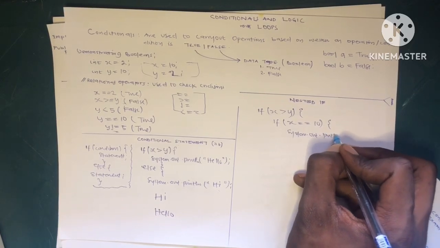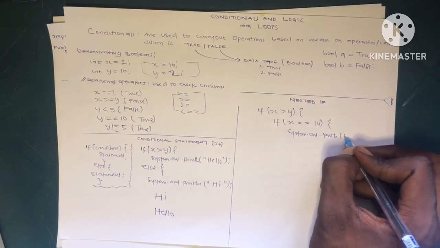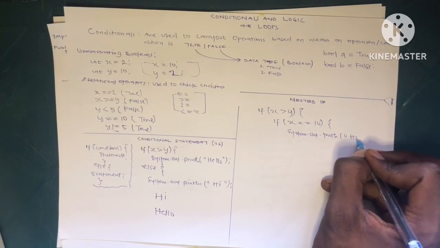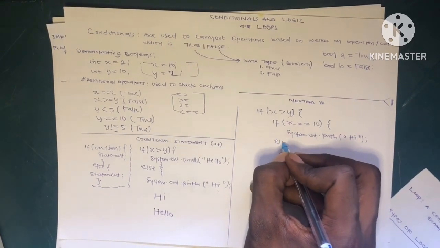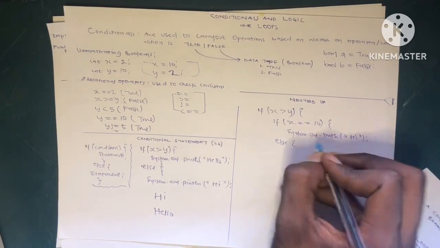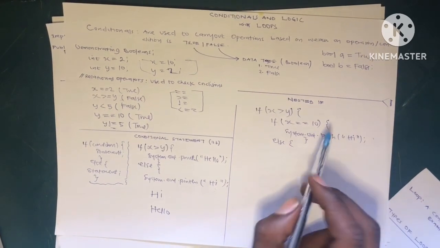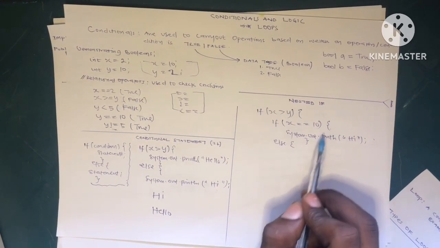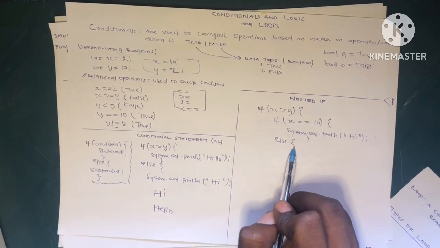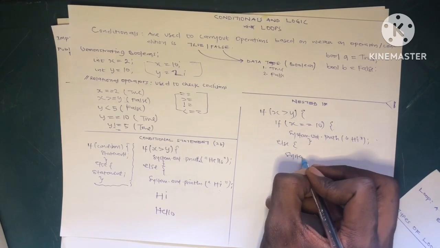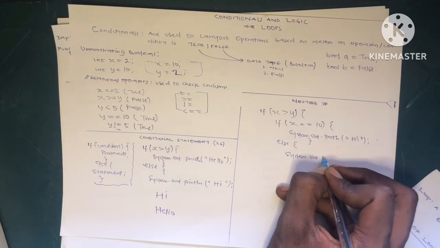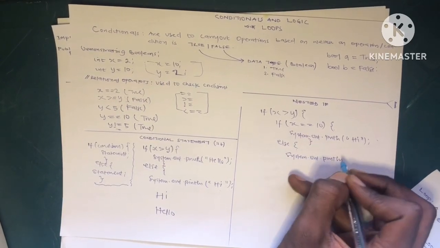System.out.println and say hi, else. Do you know why I'm closing this brace? This is a closing brace, okay? This is another one. Else System.out.println, print hello.